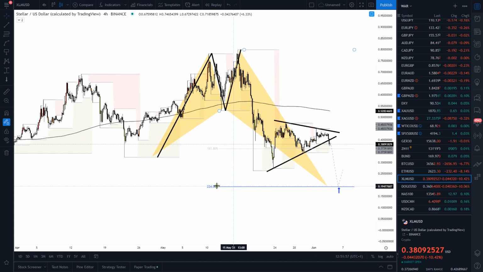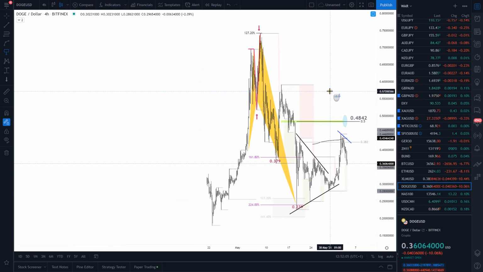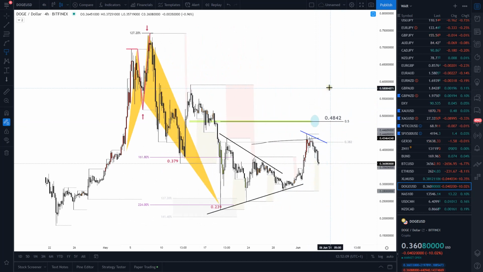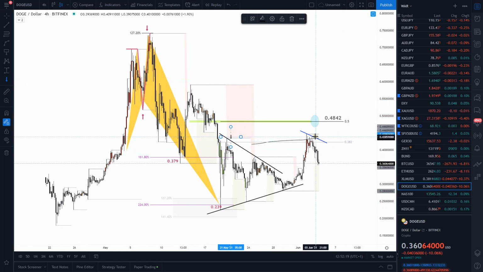Bullish shark pattern also for the Stellar, 1925. Doge, I was expecting, and I still expect, at least a 50% Fibonacci retracement to be reached at some point. As you can see, multiple times the market finding resistance at the 38% Fibonacci level, one first time there, another one here. So since I'm bearish for all the cryptos, this is another one.